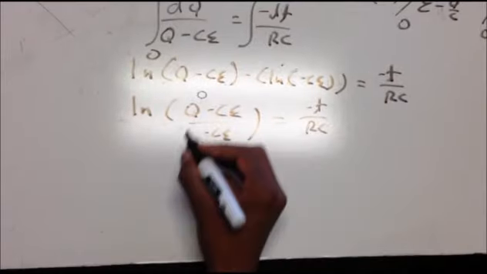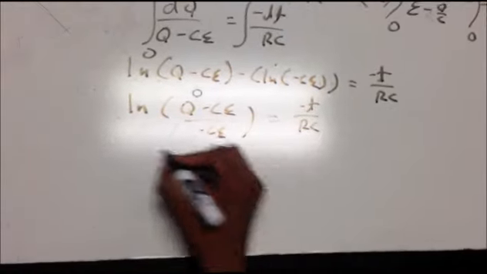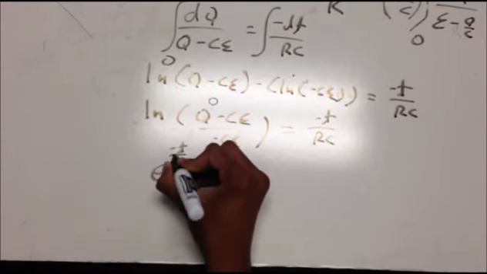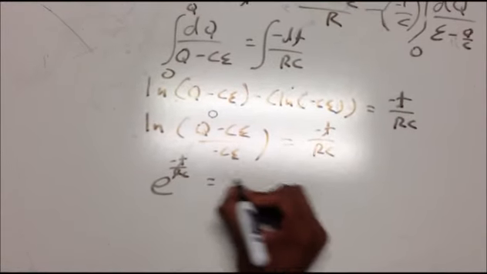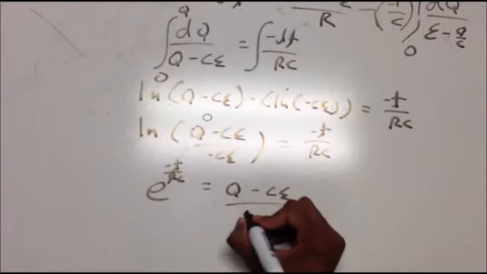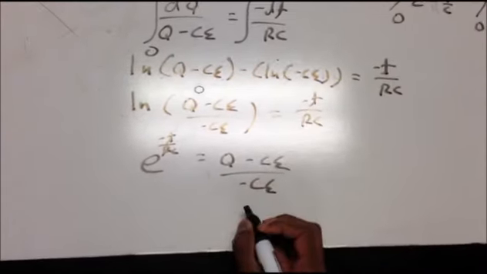So now we can solve for this Q term by raising everything to the e power. We're going to end up with e to the negative t over RC equals (Q minus CE) over negative CE.